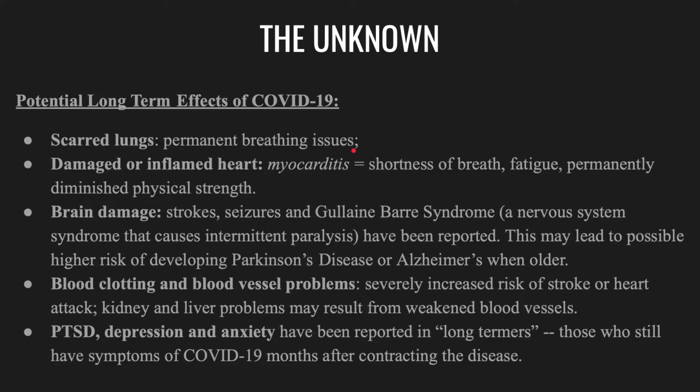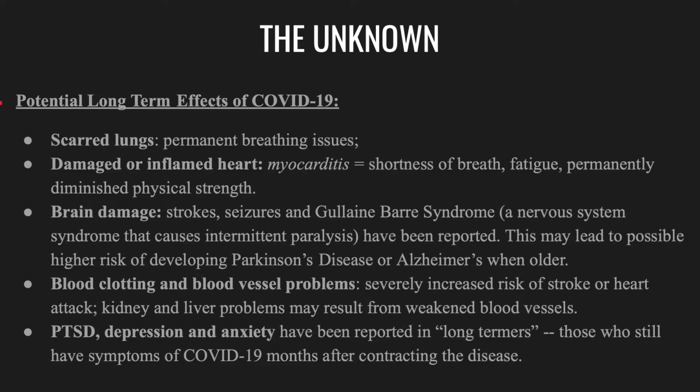And this can cause lasting scar tissue and damage to your heart, and the heart is the engine of your body. So that can cause shortness of breath, fatigue, and this is the one that scares athletes, permanently diminished physical strength. If your heart cannot pump blood at the rate in which it needs during strenuous activity, you can never rise to the highest level of athletic ability.